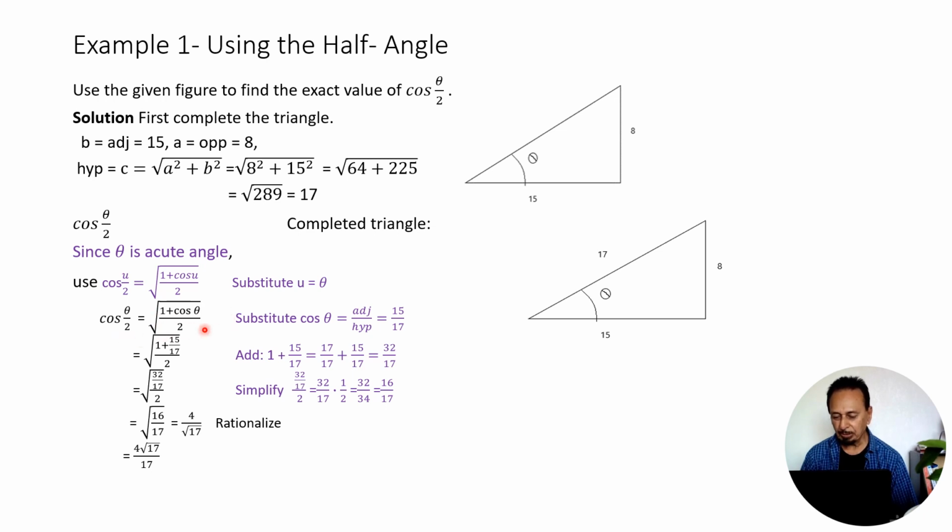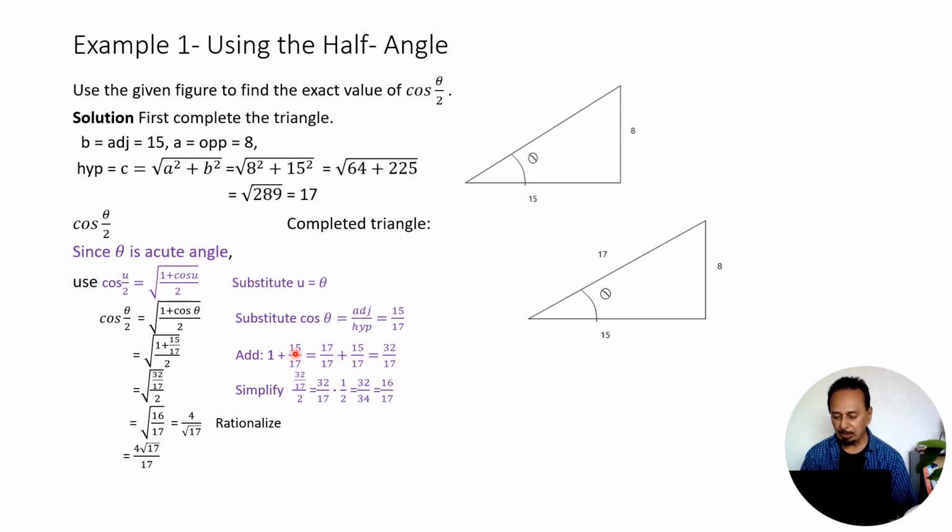Now we substitute cosine theta from this triangle, and cosine theta is adjacent over hypotenuse, and adjacent is 15 and hypotenuse is 17. So cosine theta is 15 over 17. So we substitute this 15 over 17 where the cosine theta is. And we have now the square root of (1 plus 15 over 17) divided by 2.